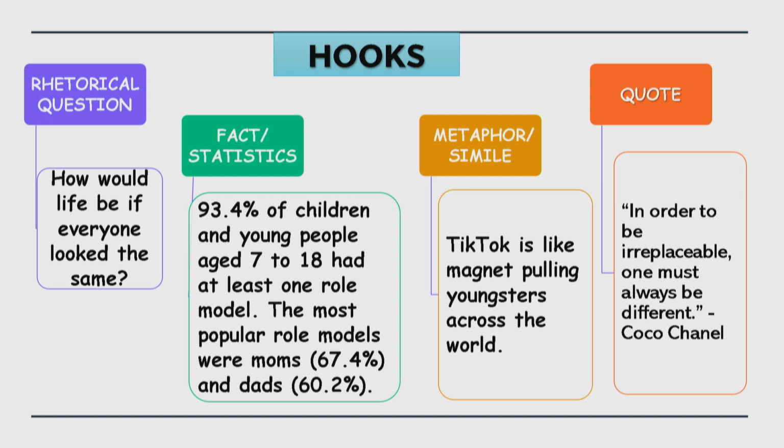You could also use a metaphor or simile. For example, TikTok is like a magnet pulling youngsters across the world. And you could also use a quote. For example, in order to be irreplaceable, one must always be different. Coco Chanel. You can include these hooks to give an edge to your writing.